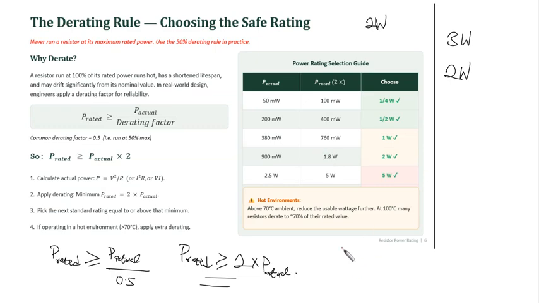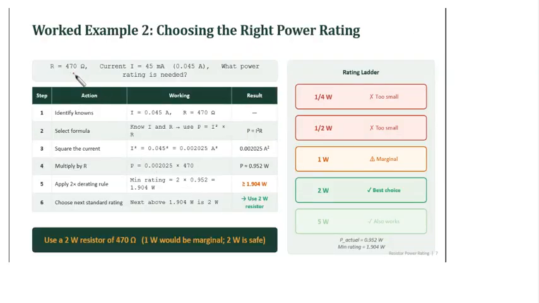Let's look at this example. You have a resistor that is 470 ohms in value. Then the current in that circuit is 45 milliamperes. And then the question is, what power rating is needed?